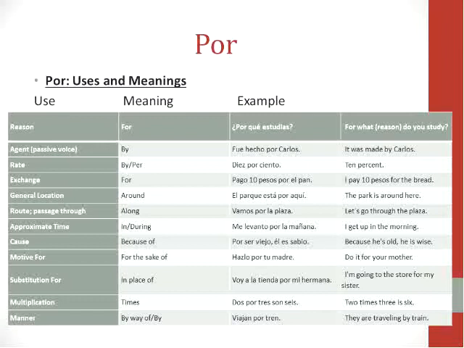The idea is the 10 is the part of or divided into the 100. Okay. Por is also used as a means of exchange. When you say pago 10 pesos por el pan, I am paying 10 pesos for the bread.